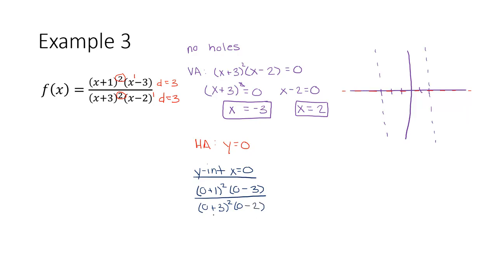So that's 1 squared is just 1. 0 minus 3 is negative 3. This would be 3 squared is 9. 0 minus 2 is negative 2. It's negative 3 over negative 18, which is 1/6.